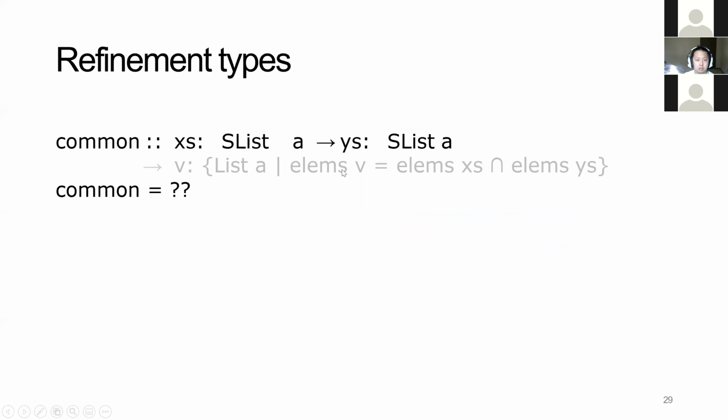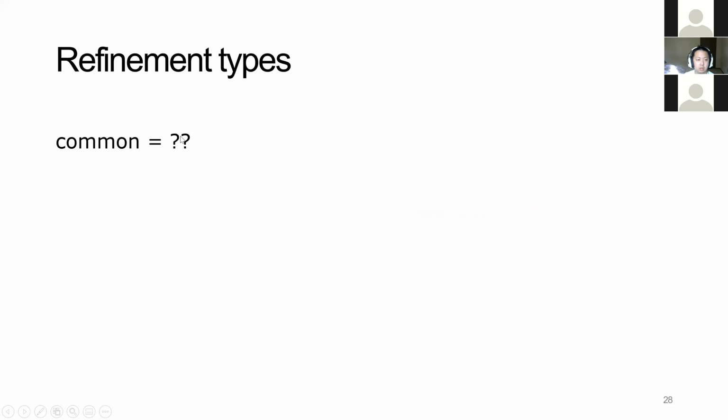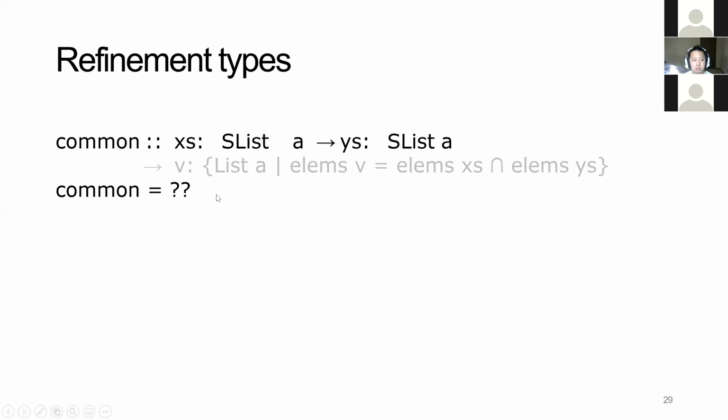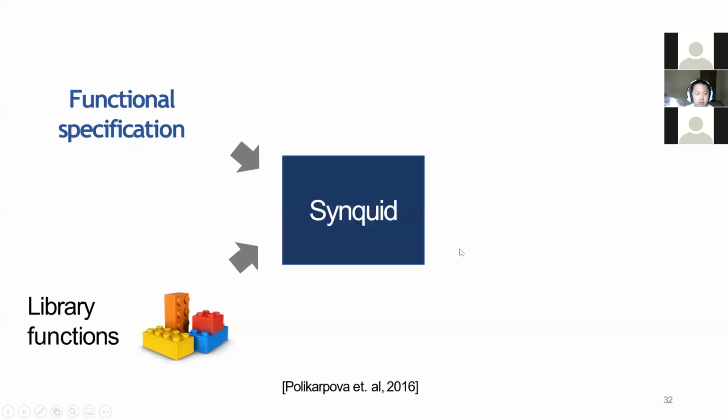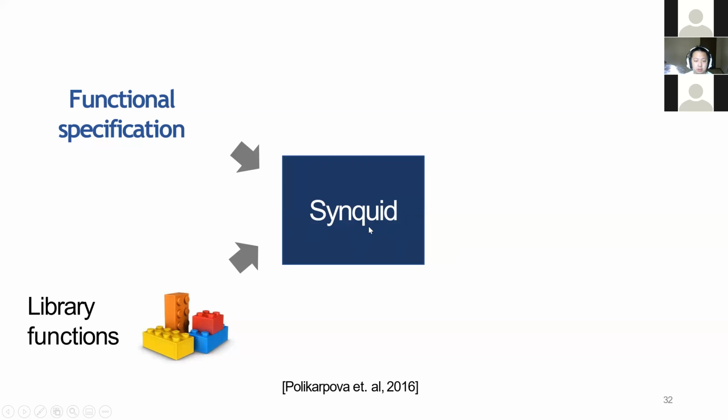And the goal of synthesis with refinement types is to find the implementation of the hole, the question mark here, such that the implementation satisfies the given type with refinement. Yeah, and this tool is called Synquid.